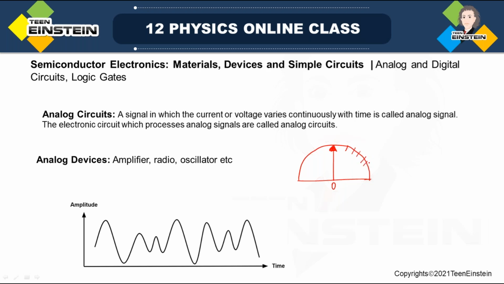There will be gradual increment or decrement of the values. At each and every angle of deflection you get a certain value, right? So this is an analog voltmeter or ammeter.